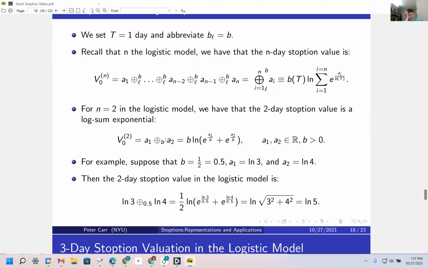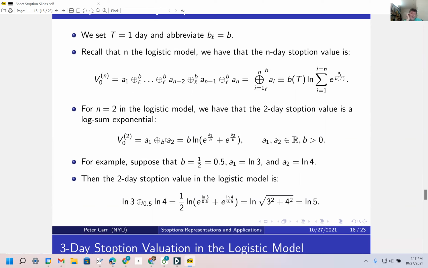Well, you have to exercise either at time 1 or time 2. If you exercise at time 1, you have to swap the first price change for A1, and so the payoff is just A1 if you exercise at time 1. And if instead you exercise at time 2, then since you didn't exercise at time 1, at time 2 you're getting the first day's price change plus the second day's floor.